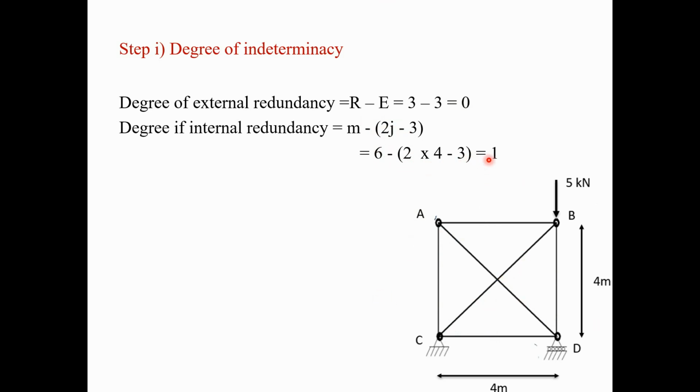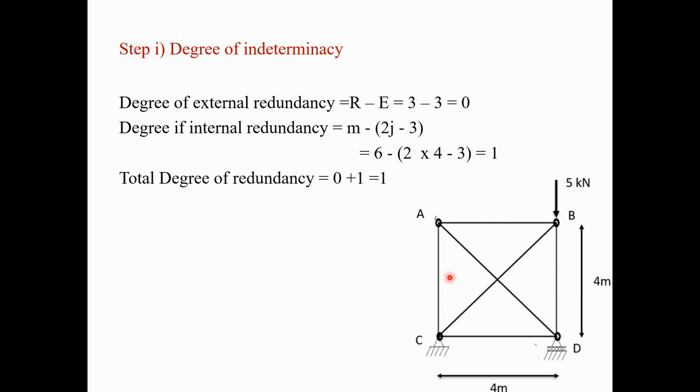So the degree of internal redundancy we got here is 1. So one extra member we have to remove from the truss structure to make this truss a stable, determinate truss. So total degree of redundancy is 1.